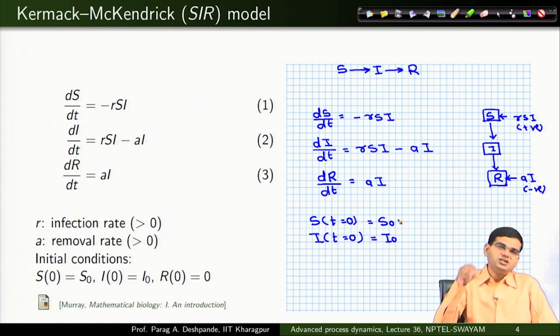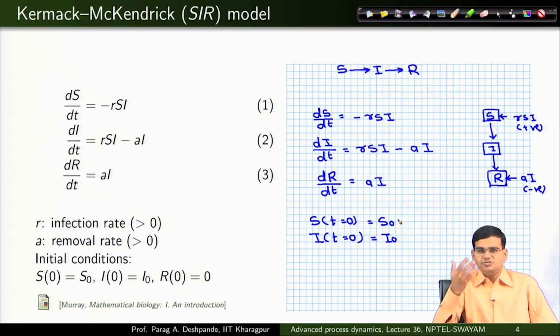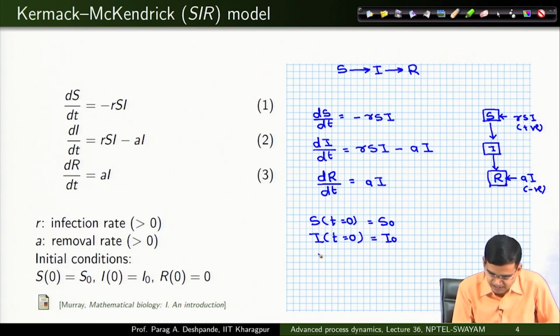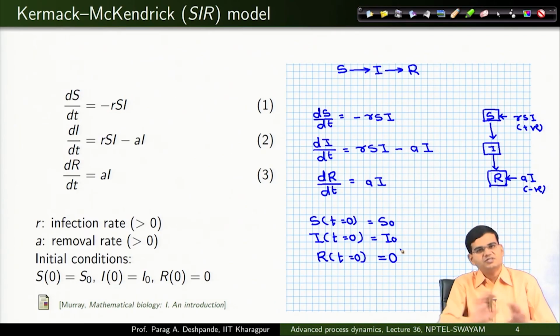At the beginning of the epidemic, you do not have anyone who is recovered or removed or died or had any other mechanism for removal. So, a fair assumption is R at t equal to 0 is 0. There is no one removed, because you are just beginning the spread of the infection.